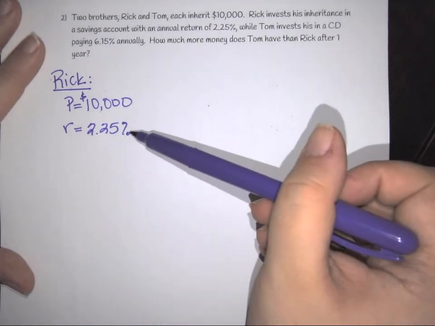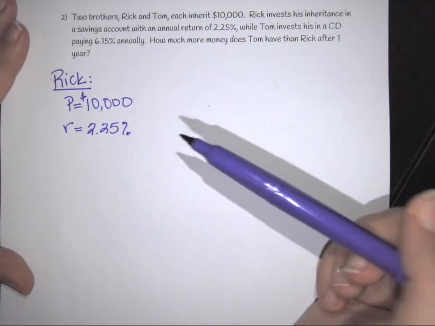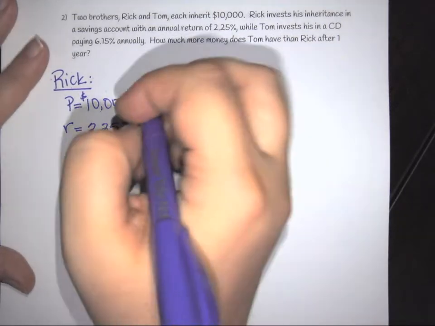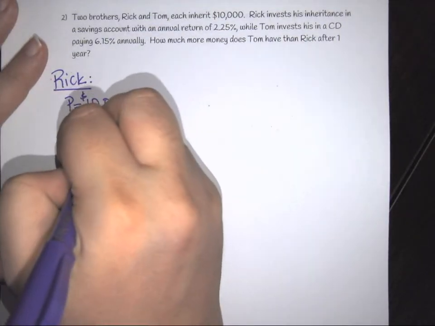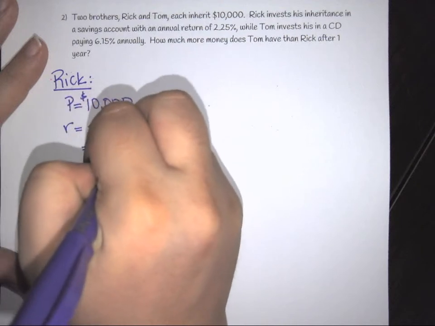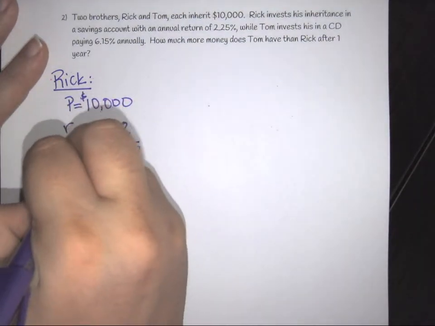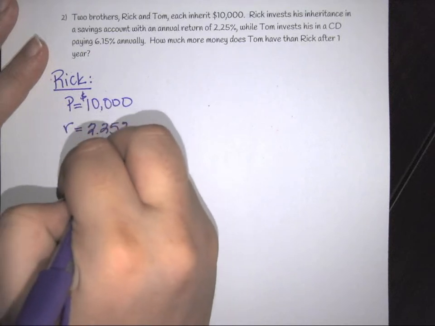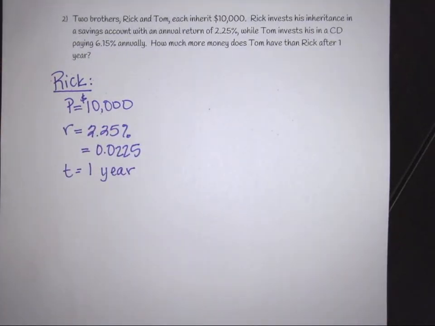Remember, to get from percent form to decimal form, you divide by 100. So my decimal form is 0.0225. And I'm also told that I'm looking at 1 year, i.e. annually. So that is Rick.